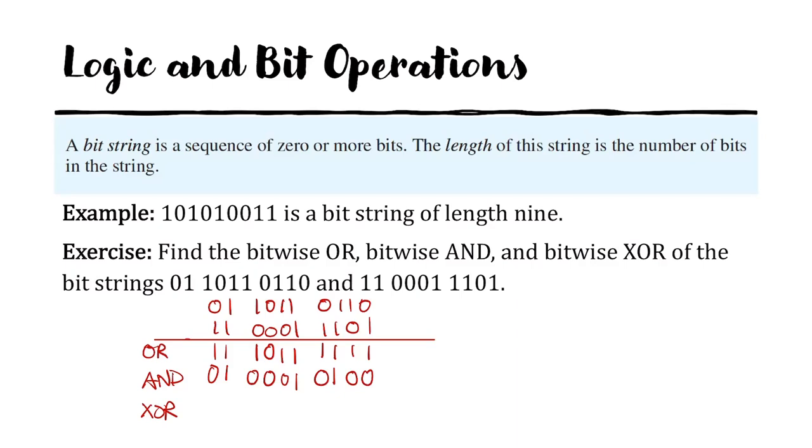So if you look at 0 1, it will be 1. 1 0 will be 1. 1 1 will be 0, and 0 1 will be 1. They have 1 1, that will be 0. 1 0 will be 1. 0 0 will be 0, and 1 0 will be 1. And then you have 1 1, that will be 0, and then 0 1, that will be 1.